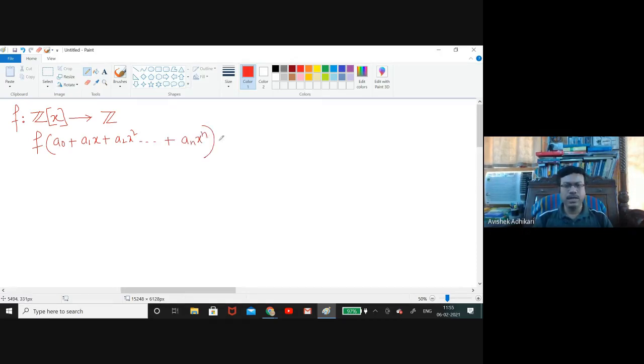And that should be mapped to some element. So you can see that there are plenty of choices, n plus 1 choices. So this 0, if you put it 0, then suddenly that will be a homomorphism. But what we need, we are actually trying to prove that this is isomorphic to Z.